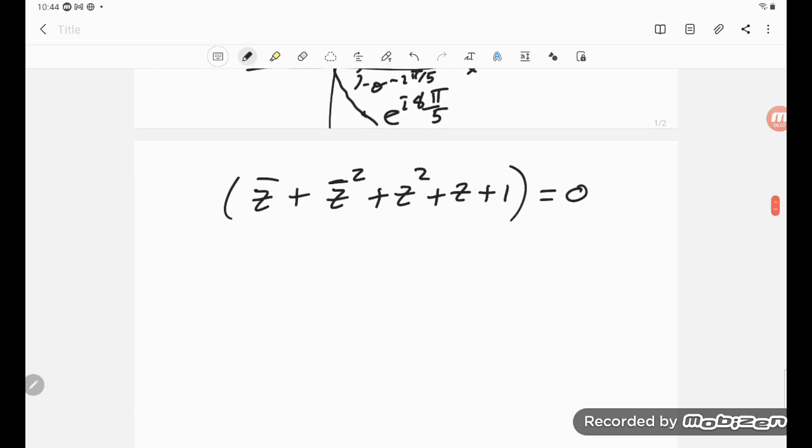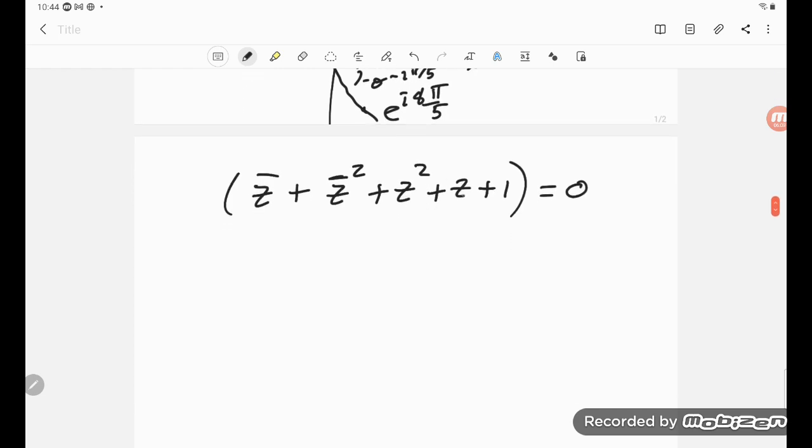And now if I rearrange, I have z bar plus z, and then plus z bar squared plus z squared. And if I move the 1 over, I get a negative 1.